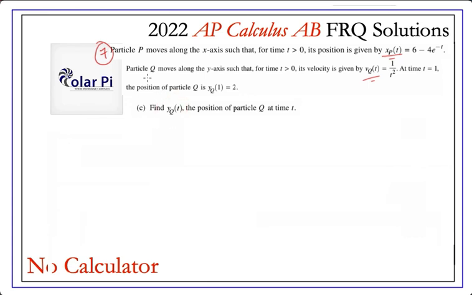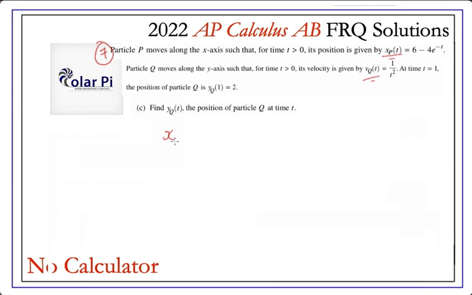So we need to get to y_Q of t. Since we're given v_Q of t, I don't know why they went with y_Q of t. They should have said x_Q of t, because usually x or s is the way we denote position.